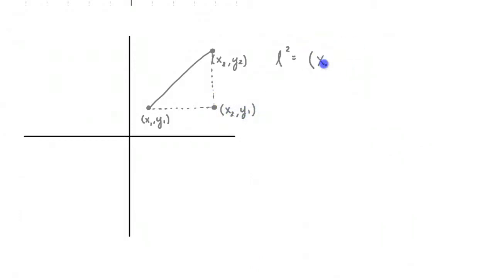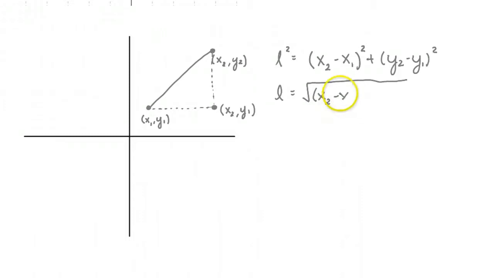So we see L squared is x2 minus x1 squared plus y2 minus y1 squared. And we want to find the length, so let's isolate for L. So the length is equal to the square root of x2 minus x1 squared plus y2 minus y1 squared, and we're done. And this is the formula to find the length of a line segment.